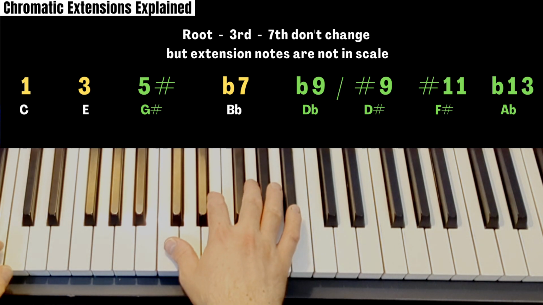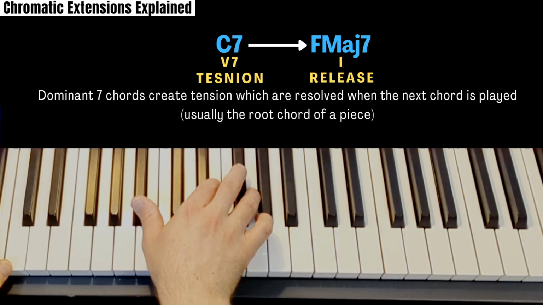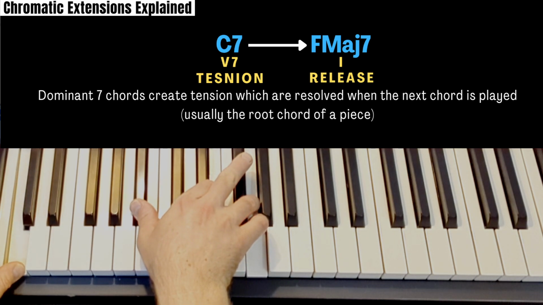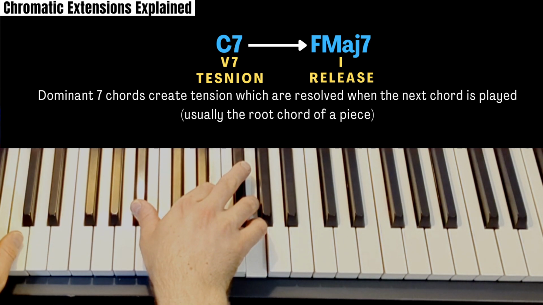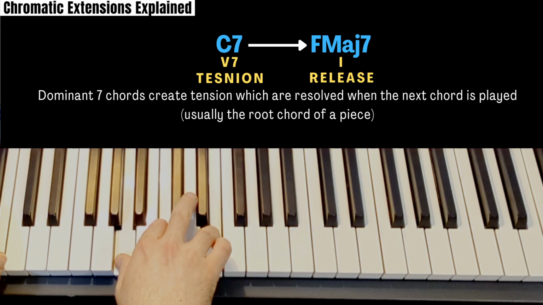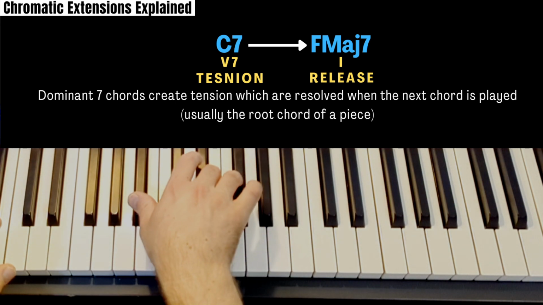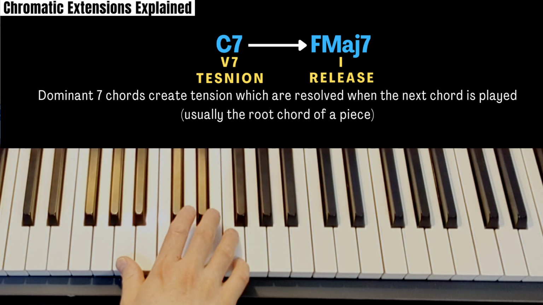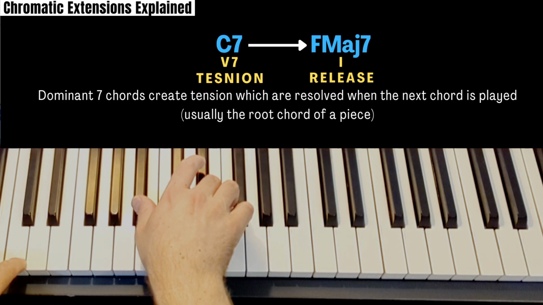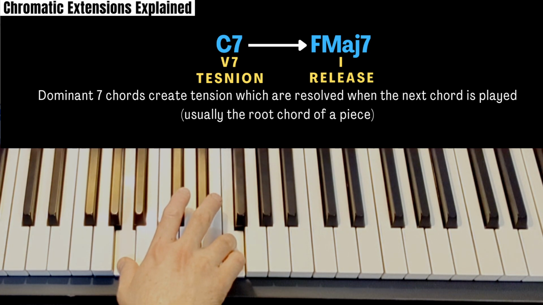In a chord progression, a dominant 7 chord is usually resolving to the chord a 5th below it. And the idea is you're getting this tension, release, tension, release.